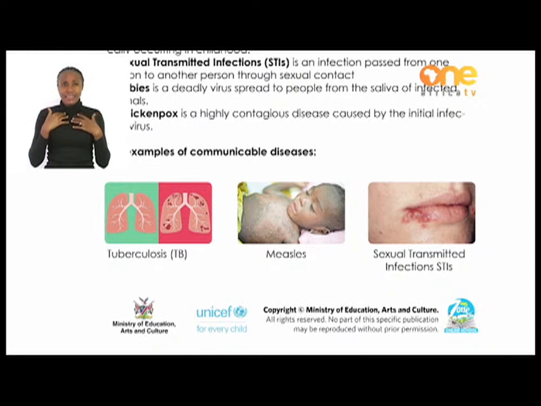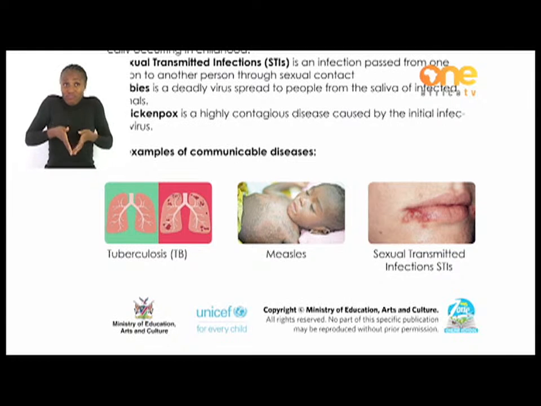Measles: you will have a dry cough, sore throat, fever, as well as a running nose. Sexually transmitted infections, which is STIs: you will not be able to give birth when you grow up, meaning you will be infertile.